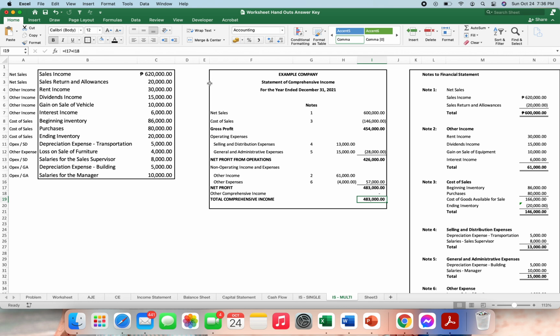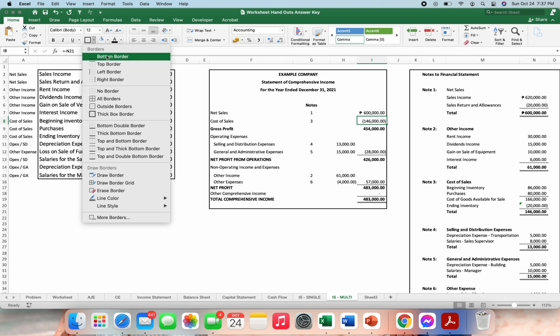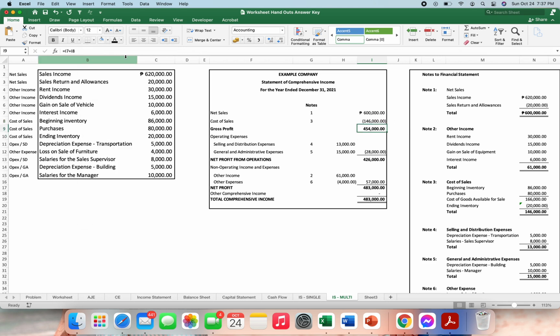So, this would be the format of our statement of comprehensive income. You will notice in our format that I always put a peso sign at the start of each line.